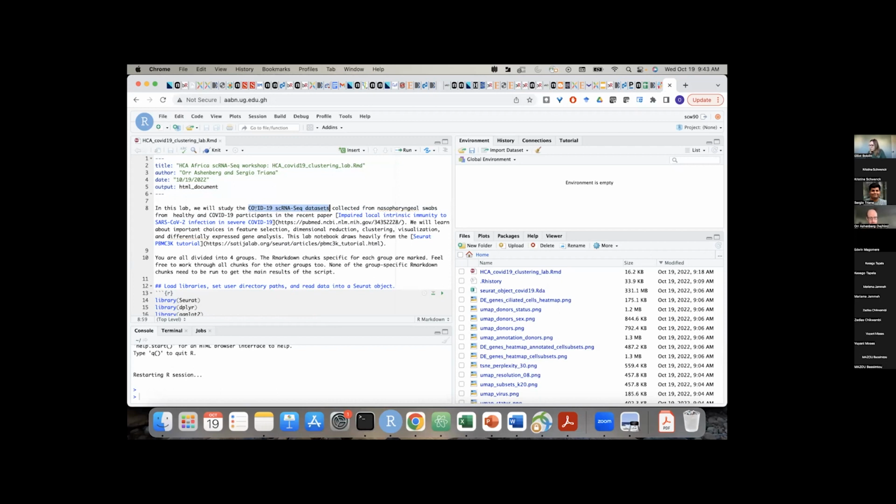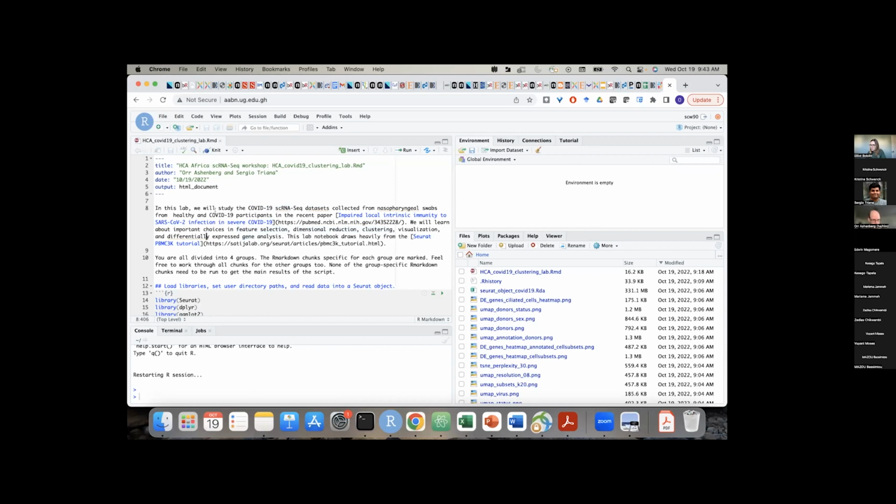I posted the PDF for that paper in the Slack channel, so you should all have it. We're going to try to recapitulate some of the analysis from the paper, in particular finding highly variable genes, dimensionality reduction, clustering visualization, and differentially expressed gene analysis.